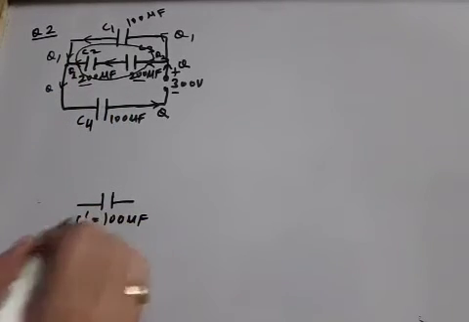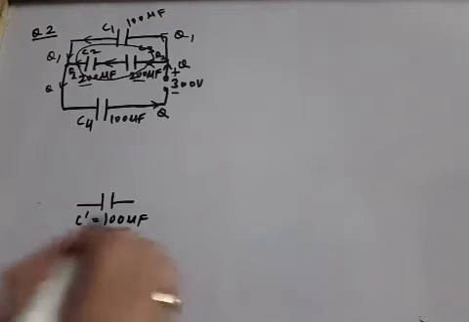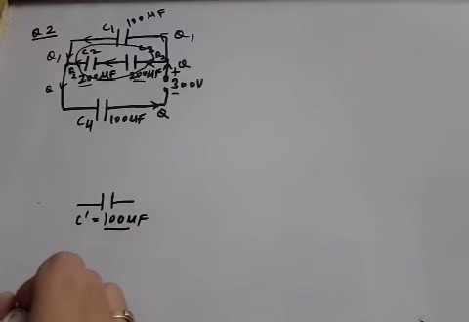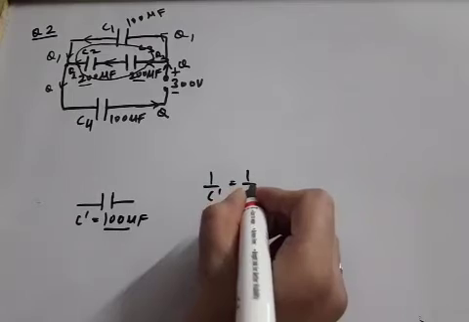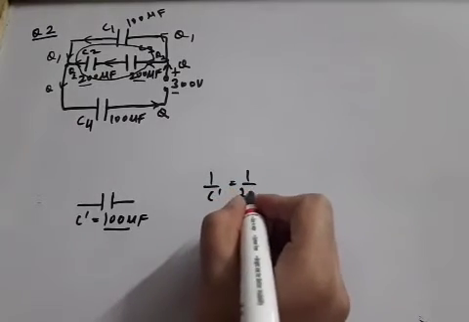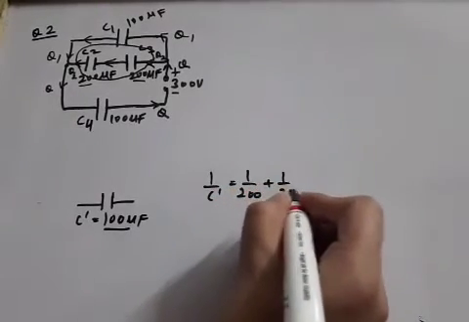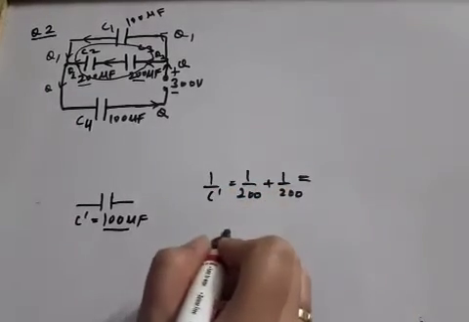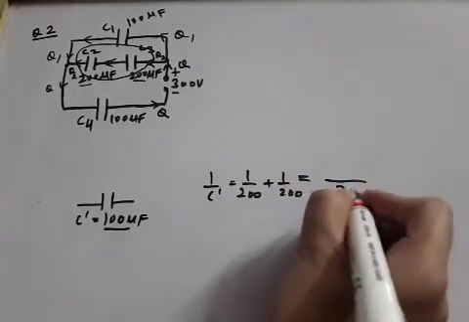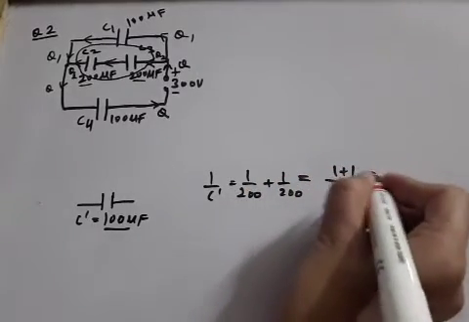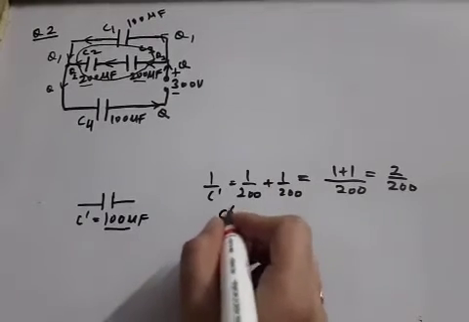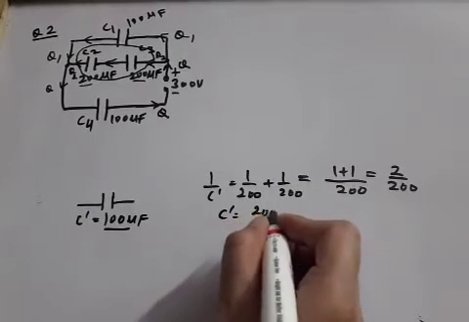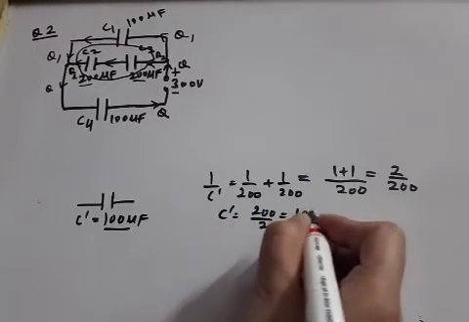So we can call it C dash. How we obtain this 100 microfarad value, that you can see either by the reciprocal idea, taking LCM, so C dash is becoming 200 by 2, that means 100.